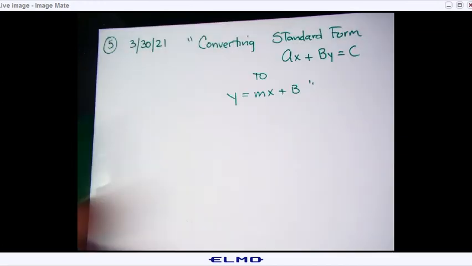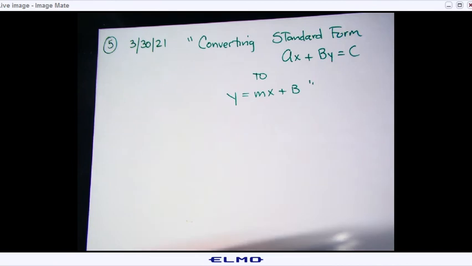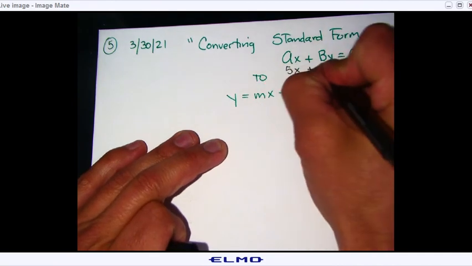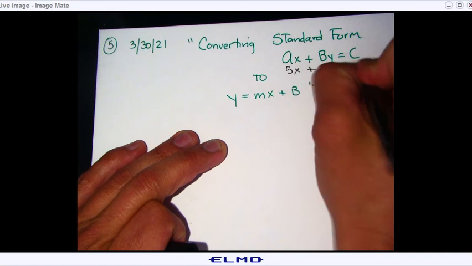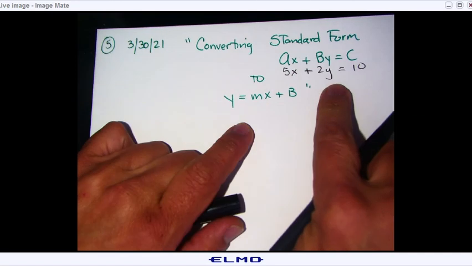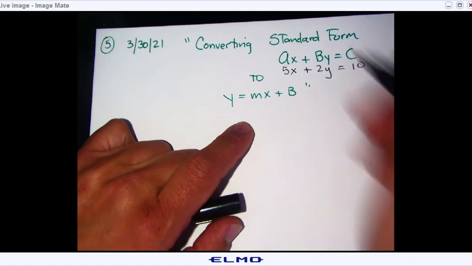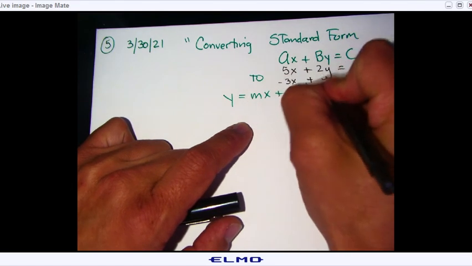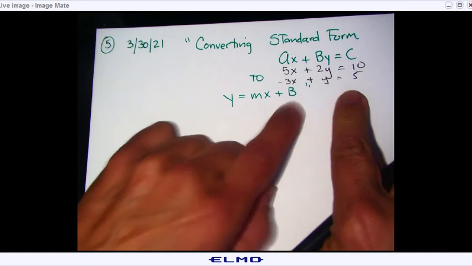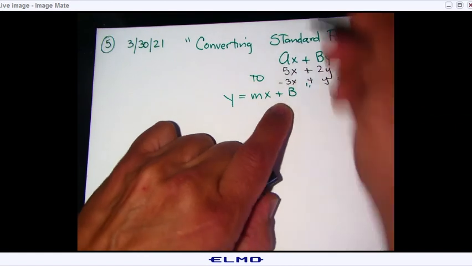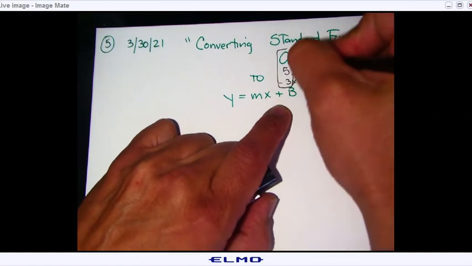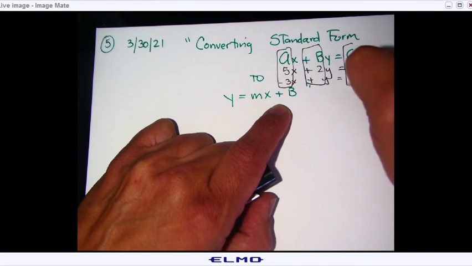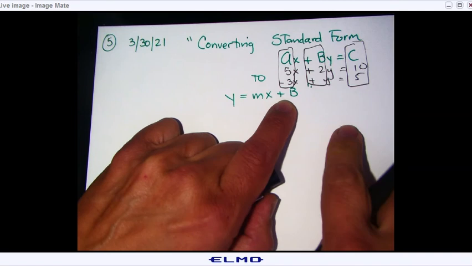A standard form is something like this: 5x plus 2y equals 10, or negative 3x plus y equals 5. Where the a is a number, the b is a number, and your c is a number. See that? That's what we're doing.